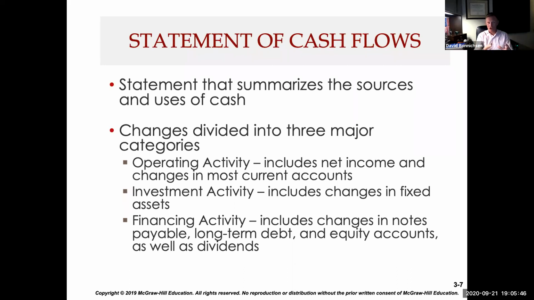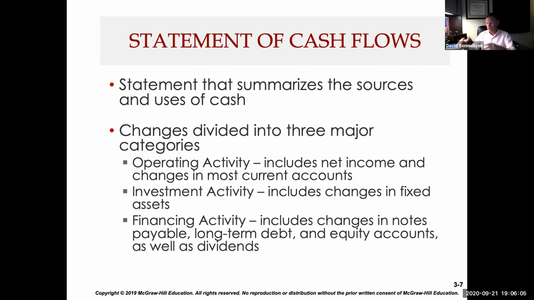Cash that's generated or used as it relates to the operating activity of the firm, the investment activity of the firm, so changes in your fixed assets, what are you investing in your business, and then what decisions are you making regarding how you're financing your business.